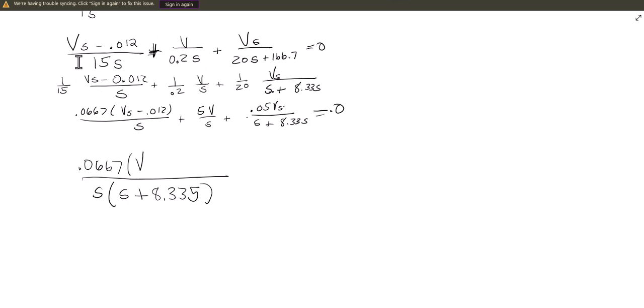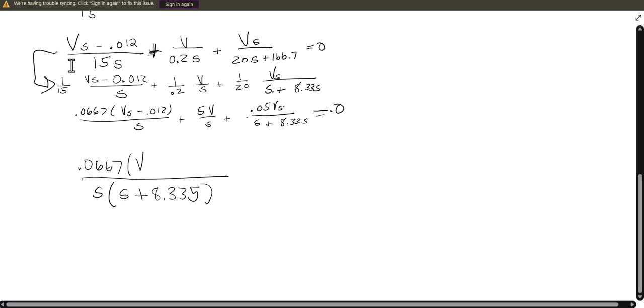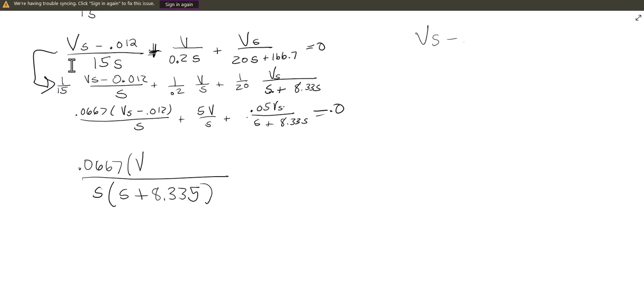So from here to here, I'm going to break this fraction up. I'm going to take my VS minus 0.012 over 15S and break that up into two fractions, VS over 15S minus 0.012 over 15S. And then I can take the 0.012 over 15S to the other side.